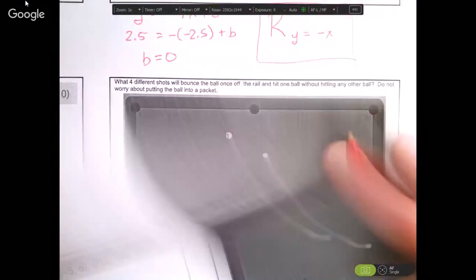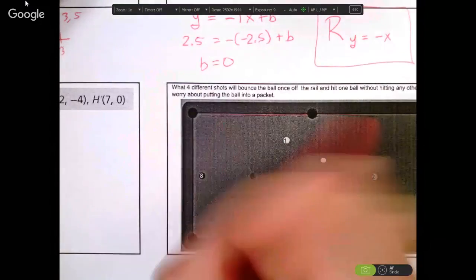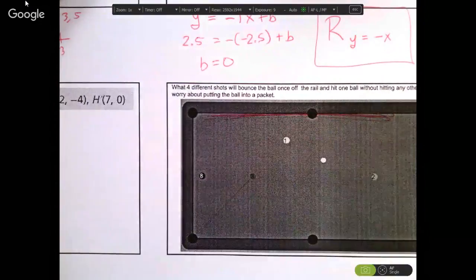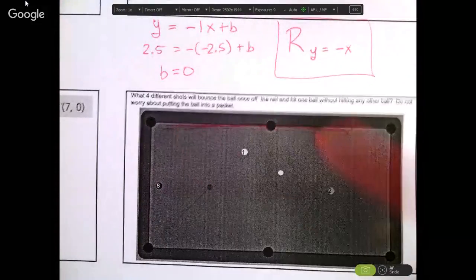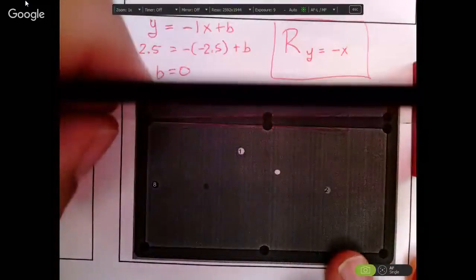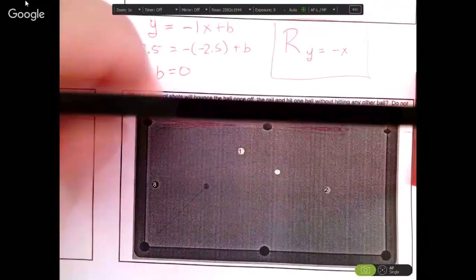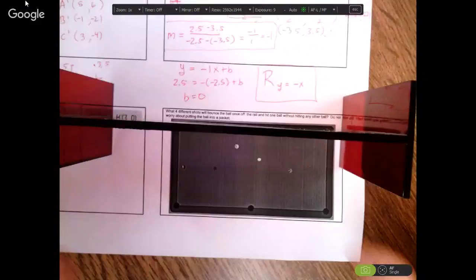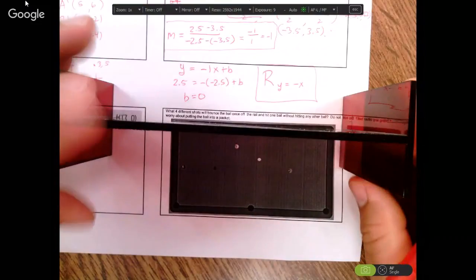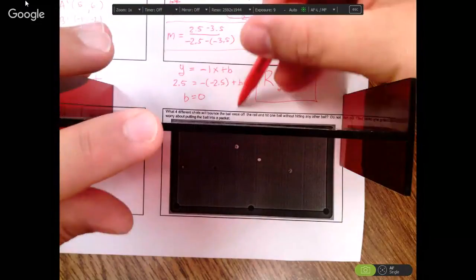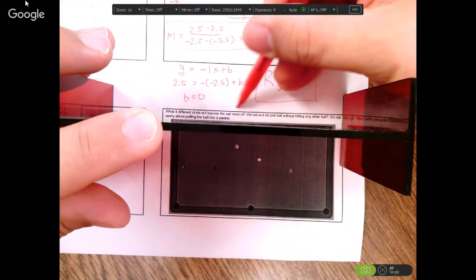So what I'm going to do first, and we're going to run out of time, but that's okay, I'm going to draw a line right here. I took my mirror and put it on that line. And I'm going to draw the reflection of the number 1 ball, which is right here.